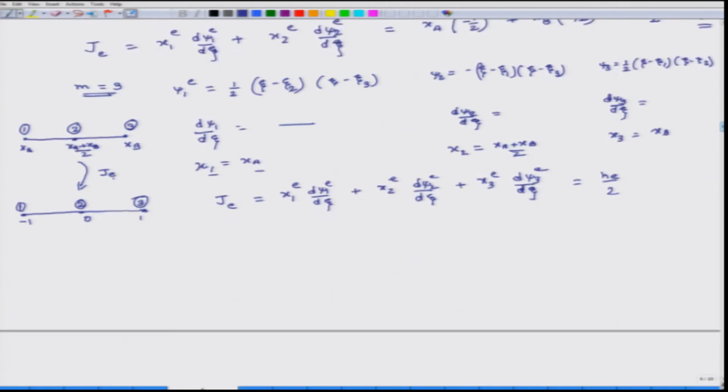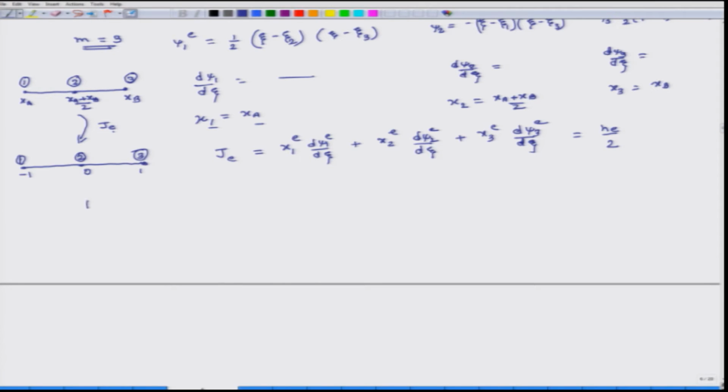I will make a very important observation for all straight line elements, J e is equal to h e over 2, regardless of m.